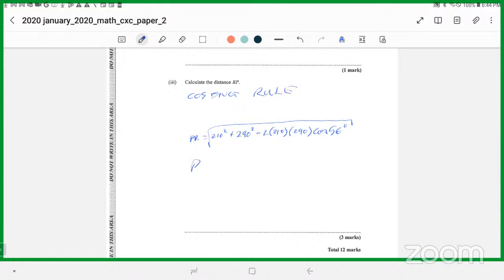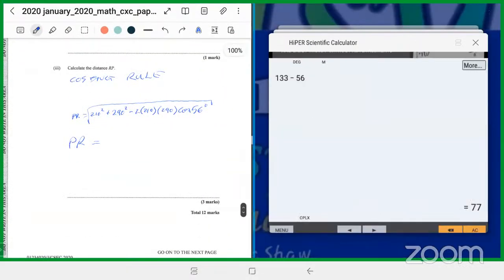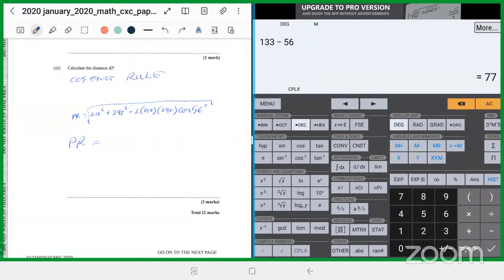And then you put all of this in the calculator and work it out. Let's see.